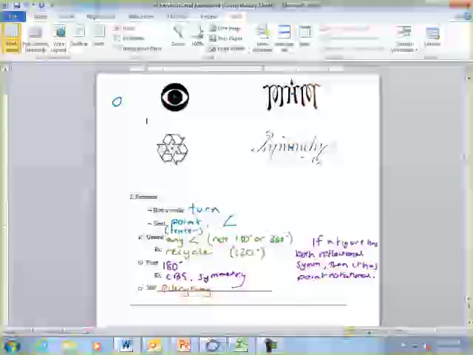So when we, in our homework, are talking about rotational symmetries, do not include 360 because 360 just isn't special. Everything has it. So in your homework, when you talk about rotational symmetries, either talk about general as being some angle or point as being specifically 180. Questions on rotational?